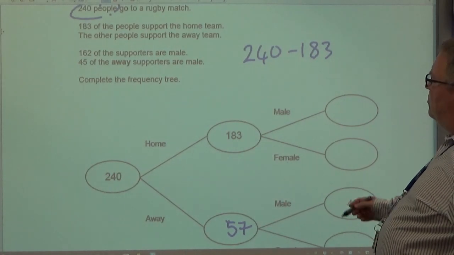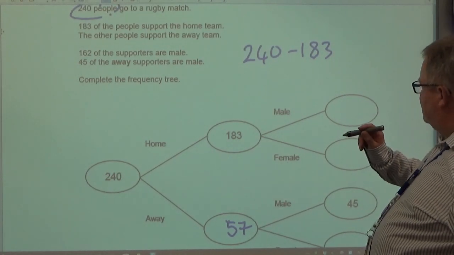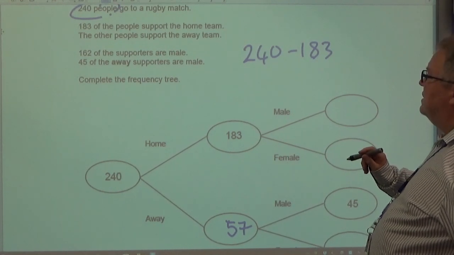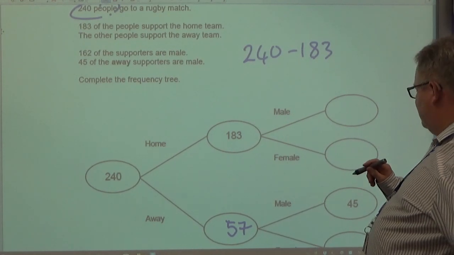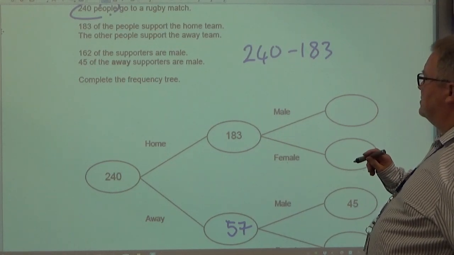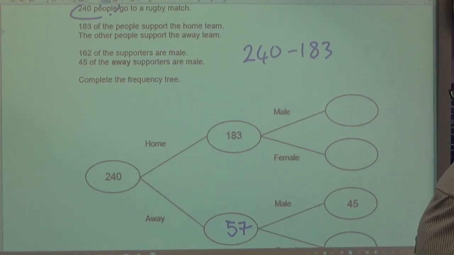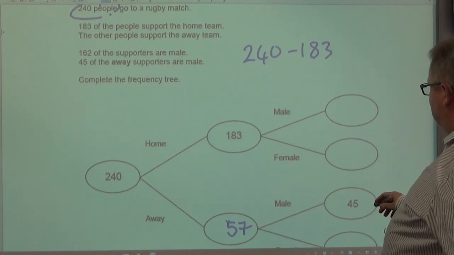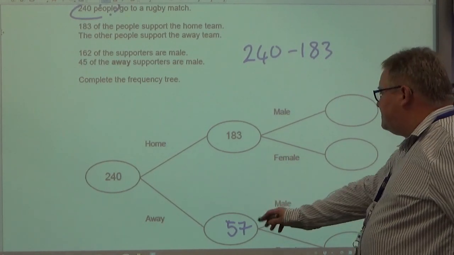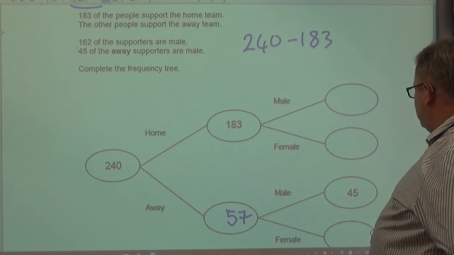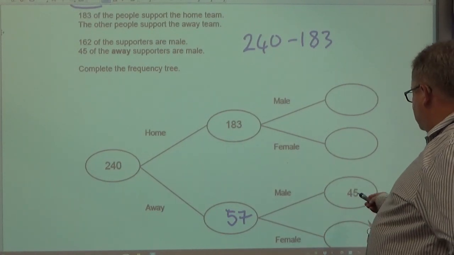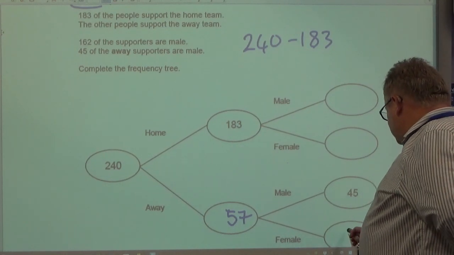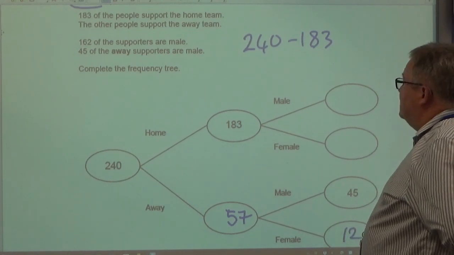And now we've got 162 of the supporters are male, and 45 of the away supporters are male. So we can actually fill in the rest of this now. We could go down here, because there's 57 away supporters. So 57 take away 45 is going to give us 12.